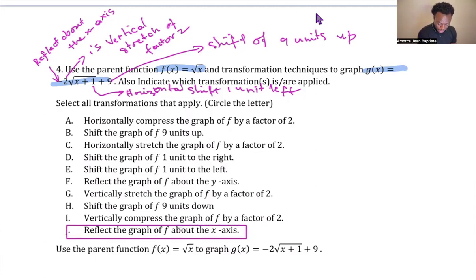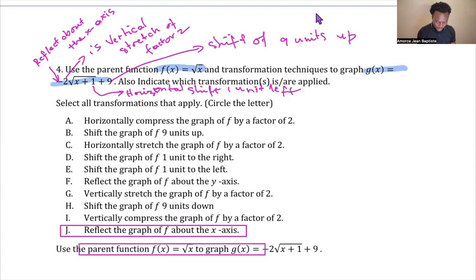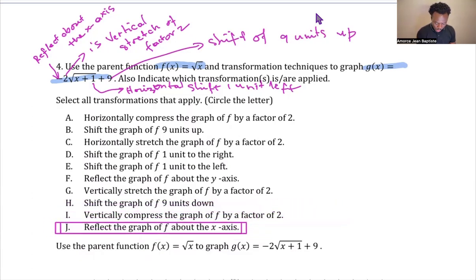We have a reflection in the x-axis, which is the negative sign on the outside. We have a vertical stretch of a factor 2.